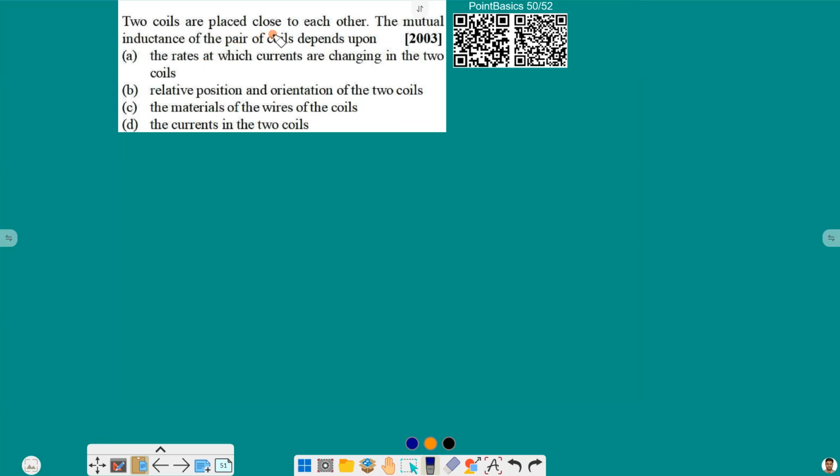Two coils are placed close to each other. The mutual inductance of the pair of coils depends upon the rate at which current is changing, relative position, orientation, material of the wire, current of the two wires. So mutual inductance is given by mu naught N1 N2 area and length.